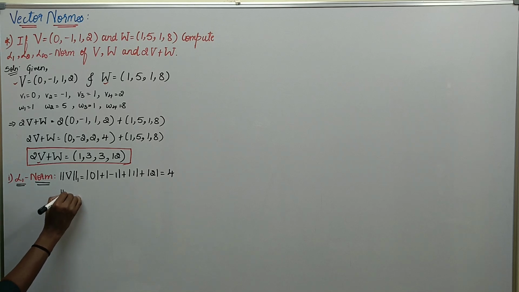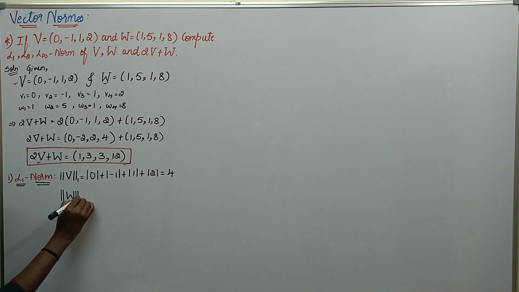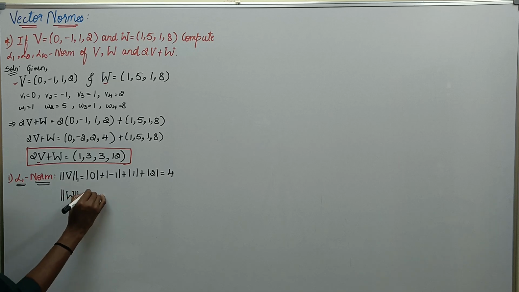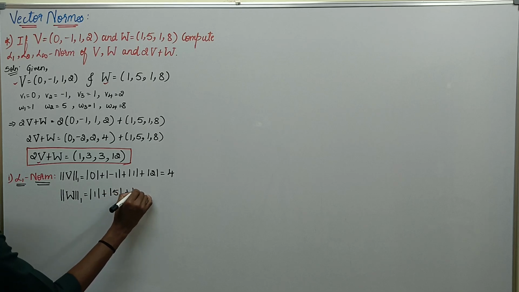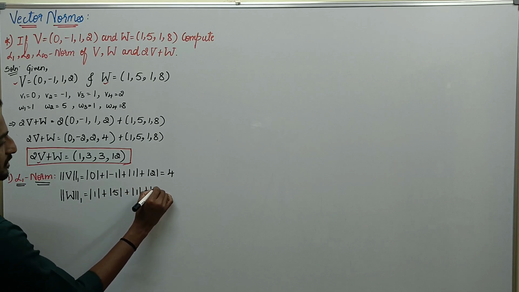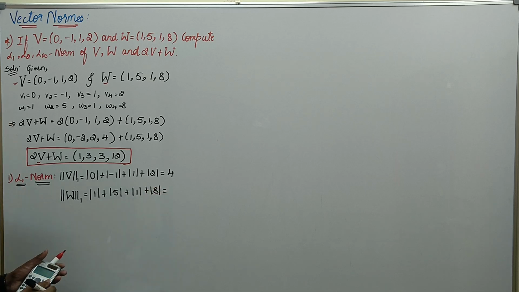Next, similarly, norm W1, which is equal to modulus 1 plus modulus 5 plus modulus 1 plus modulus 8. 1 plus 5 plus 1 plus 8, you get 15.